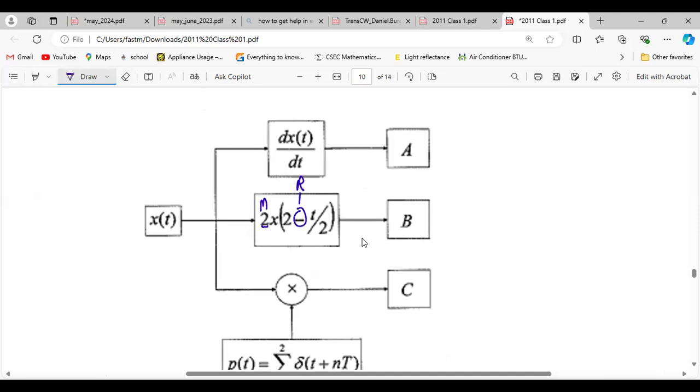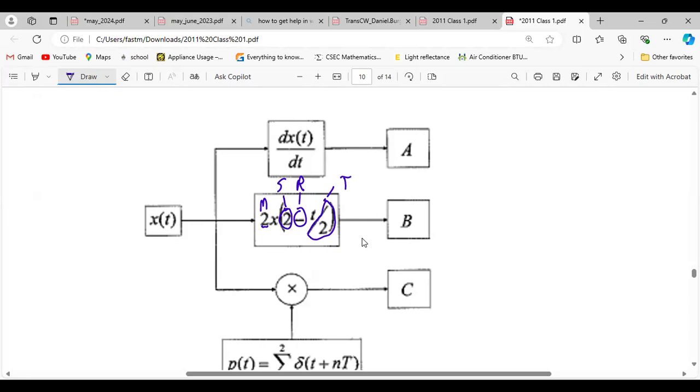Then you have a half, because 1 on 2 is a half, so that there's a time scale. And then there's 2 here as a shift. So we have a T, time scale. Then you have an R, reversal. Then you have a shift and a magnitude scale. So we have these things going on here.